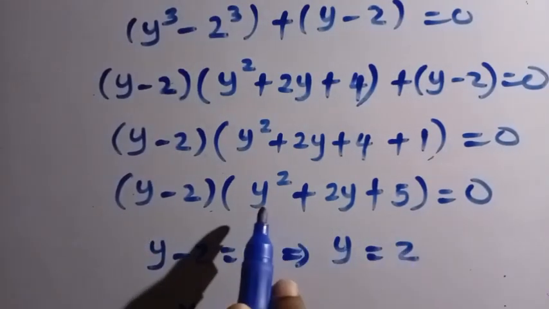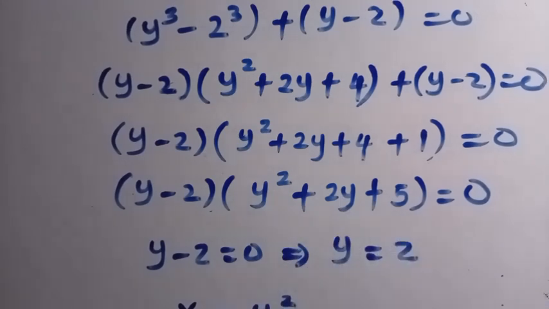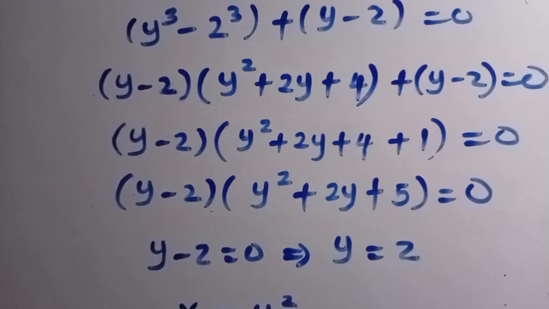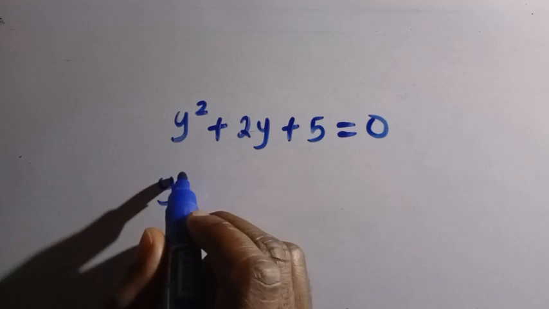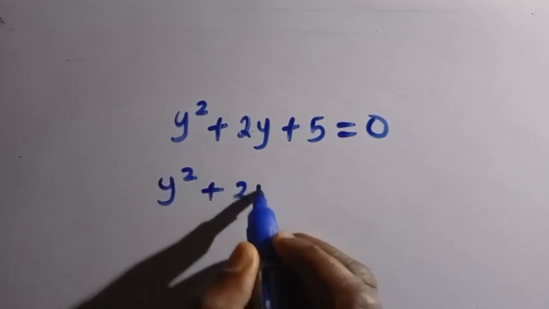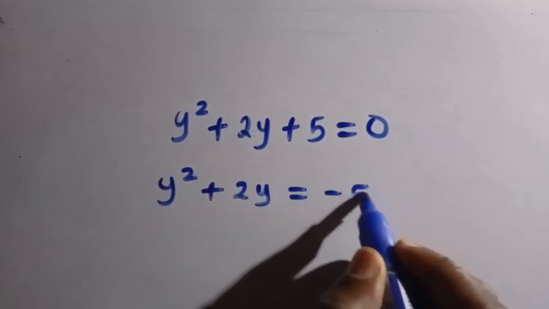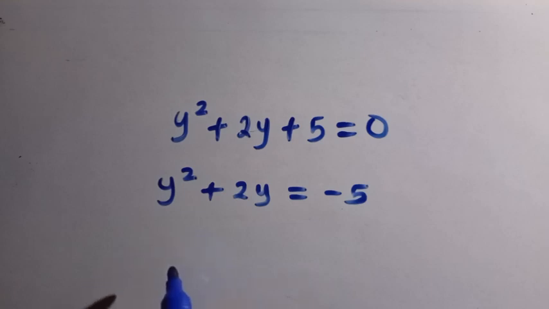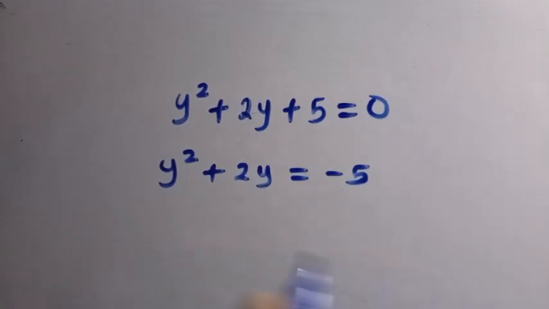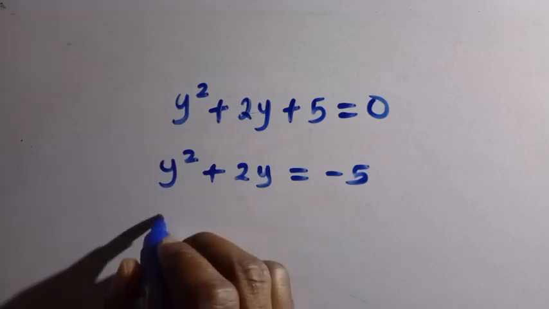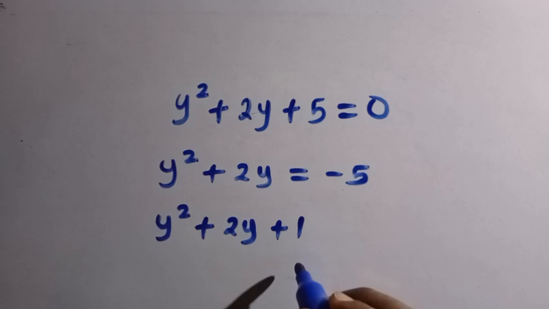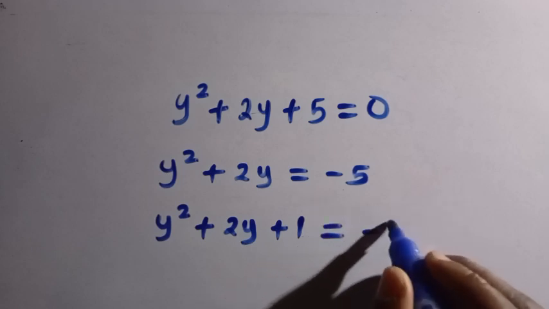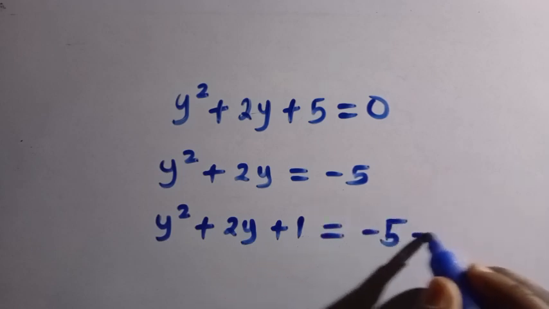So let's solve this y squared plus 2y plus 5 and see the outcome for the value of y before we get the value of x. Let's transfer 5 to the other side. We have y squared plus 2y equals minus 5, because this is a quadratic equation. Then let's add 1 to both sides. We have y squared plus 2y plus 1 equals minus 5 plus 1.